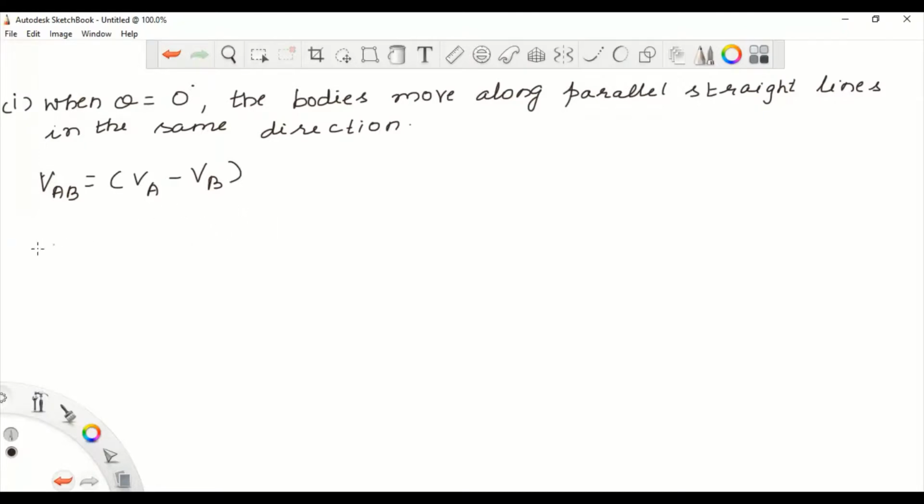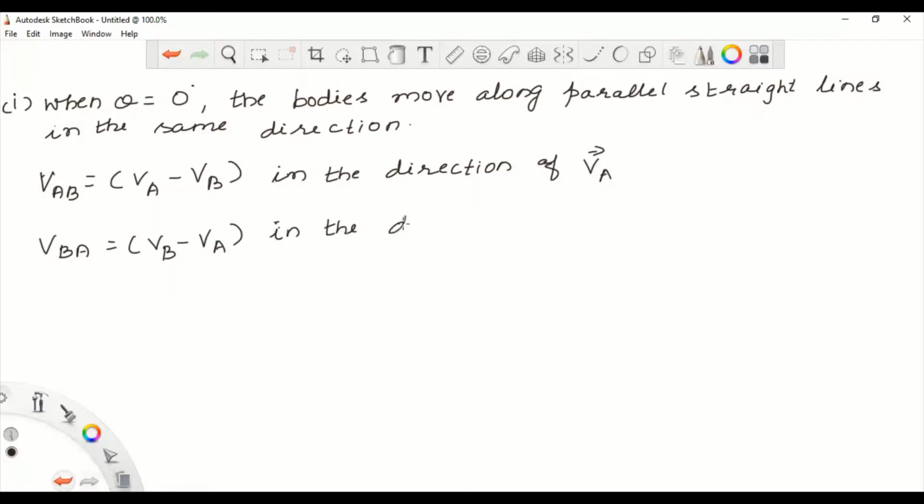Okay. So you can say that VA minus VB in the direction of VA. And similarly, VBA is equal to VB minus VA in the direction of VB.